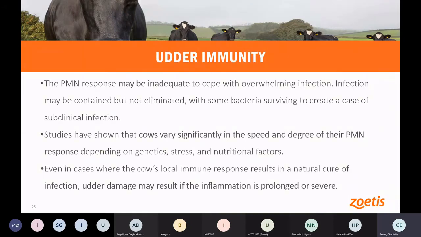Different animals will have different degrees and speeds in terms of how quickly and effectively they can recruit these cells into the udder. Unfortunately, like with anything, if inflammation carries on for too long, it can lead to udder damage.